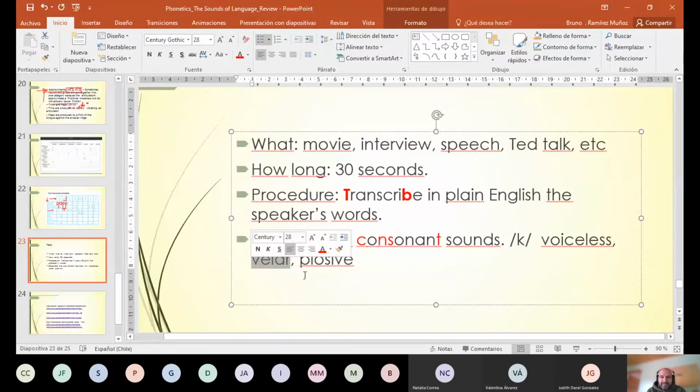That's a place of articulation. And it's plosive in terms of manner of articulation because you block the air and you release it suddenly with a puff of air. Okay? So this is a task that you're going to work with.